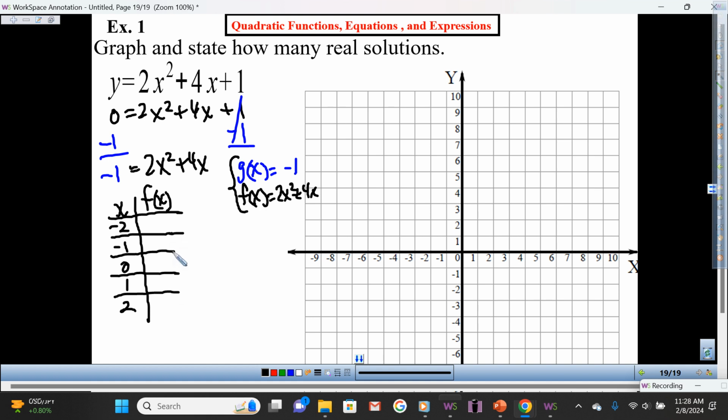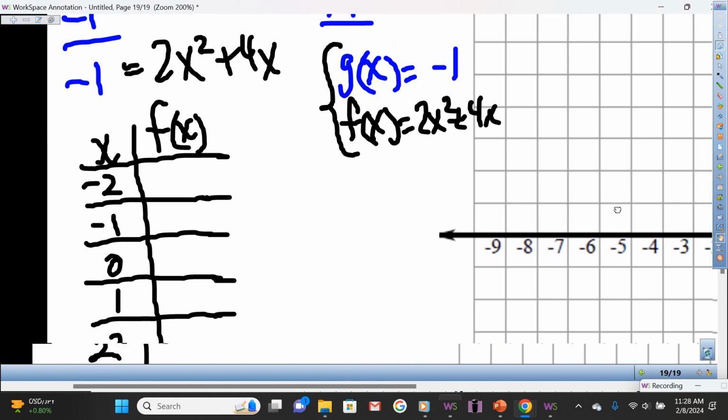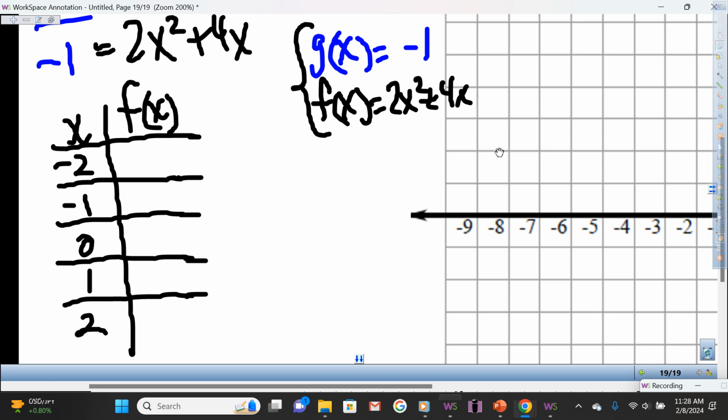I'm going to zoom in so you can see. I'm going to use the f of x equation to substitute my x values and get our f of x. So I'm going to use this part: 2 parentheses squared plus 4 times parentheses.